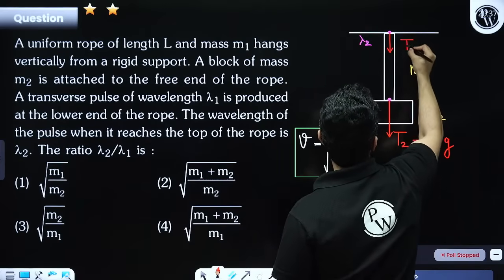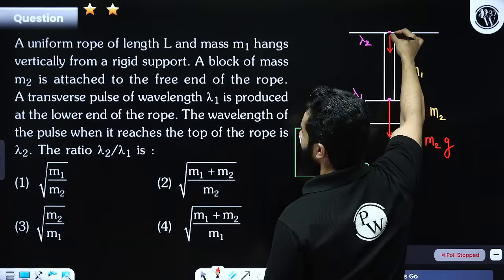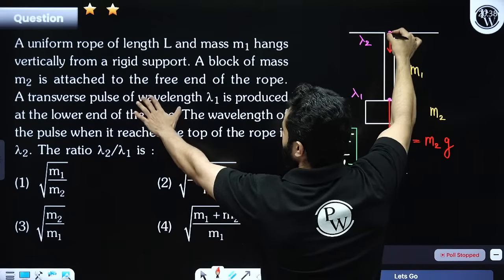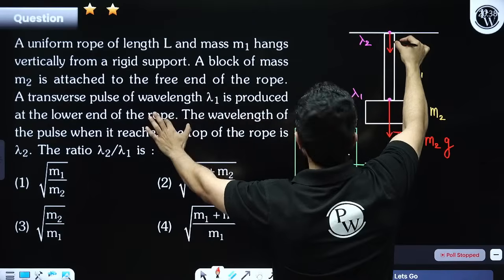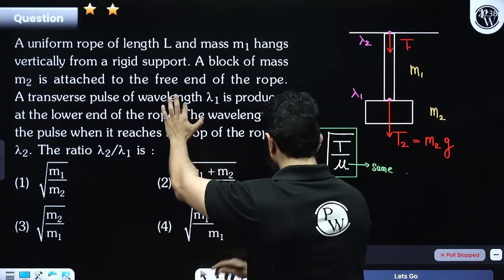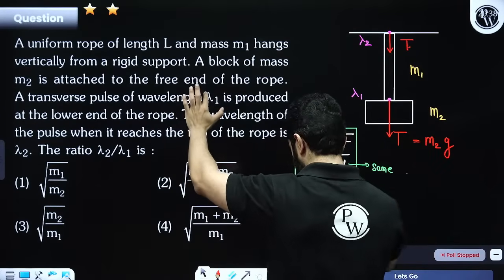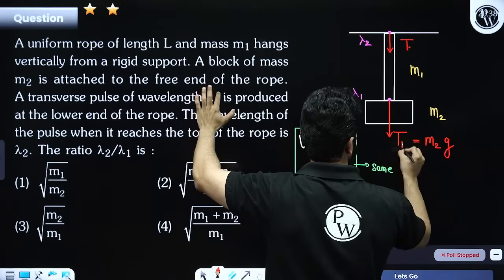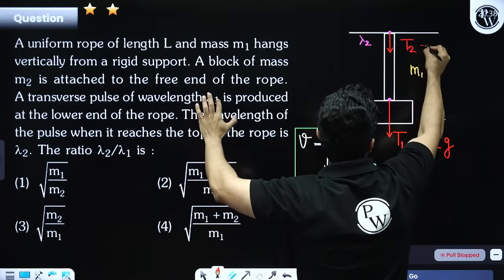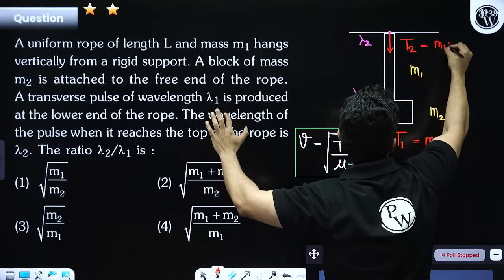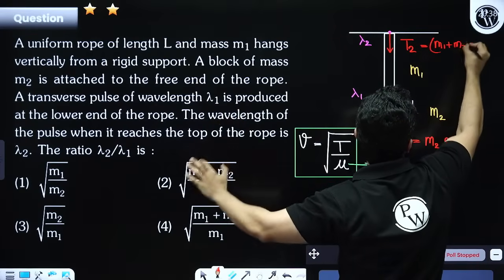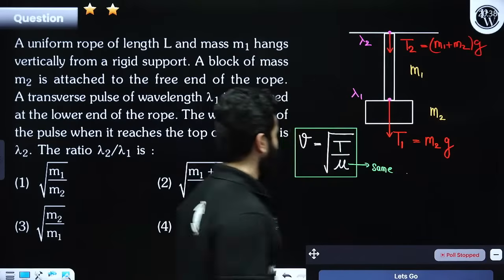Since lambda 1 is produced at the lower end, I am going to write the lower-end tension as T1, and the upper-end tension as T2. This is slightly confusing, no problem. So T1 is M2G, and T2 is going to be M1 plus M2 into G. Sorted, my dear friends. Clear?